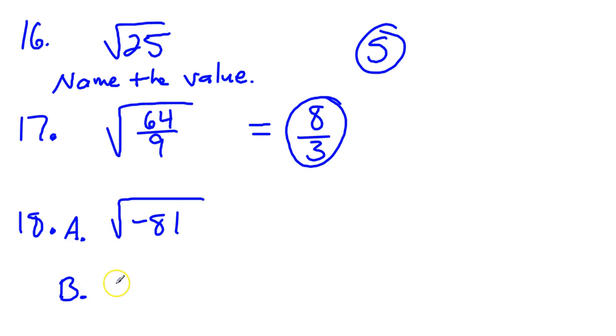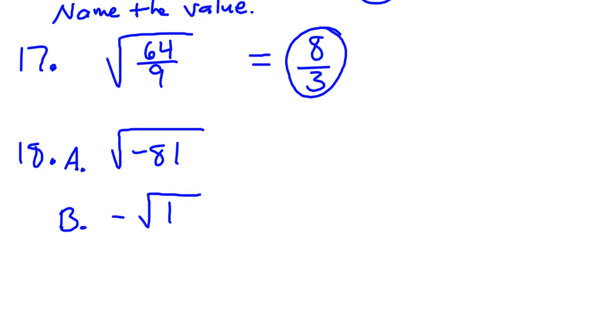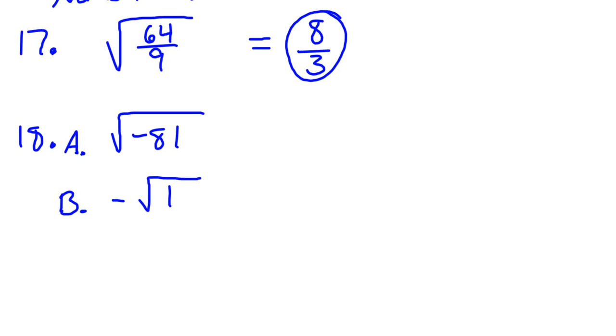Okay, 18. Same thing, but this one has an A and a B part to it. And still just name the value, so they're still looking for one answer. If you square root negative 81, this is where they're going to tell you, all right, there is no real solution to this one. So basically that's a no solution answer. Now if you put the negative in front, that part's okay, you get a real number answer.